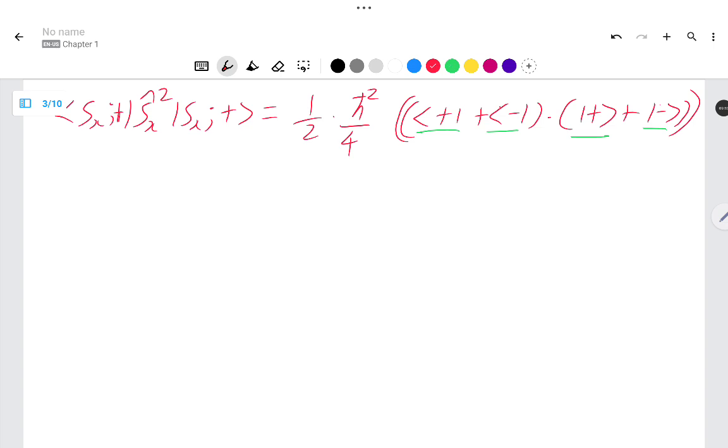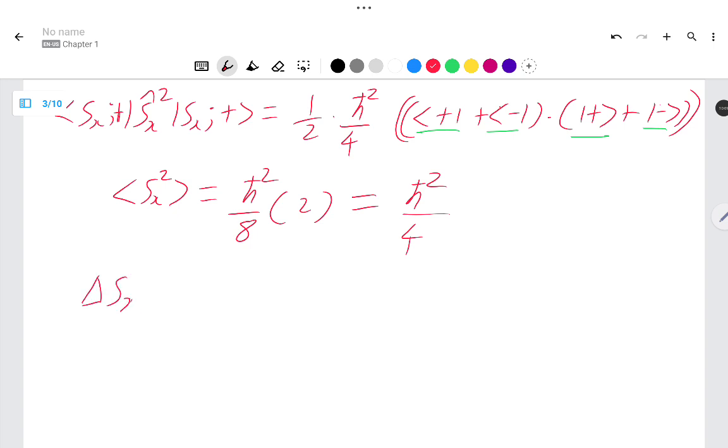So we get h squared by 4. So we can say the uncertainty in Sx is the expectation of Sx square minus the whole square of the expectation of Sx, which is nothing but 0.